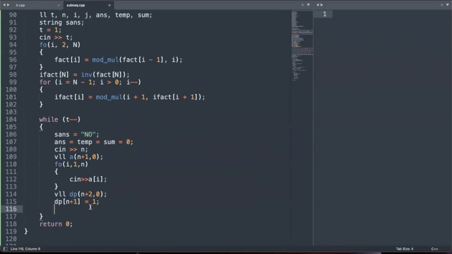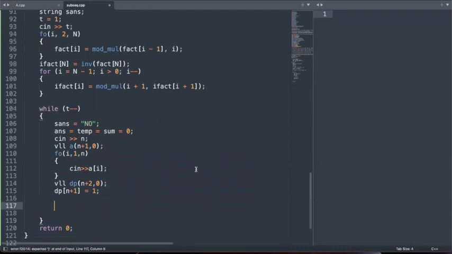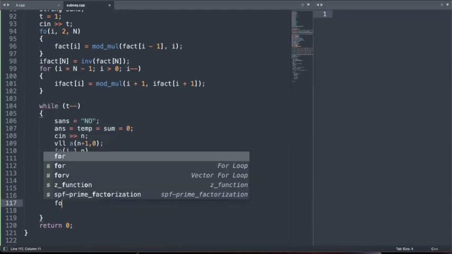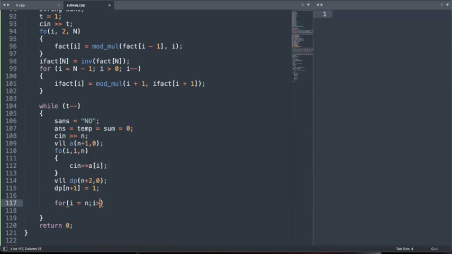Well, it is just there so that we don't have to write this extra if condition where we will take into account the situation that the particular subsequence has exactly one good array, because when we iterate on j, we iterate on the starting point of the second good array. But what if there is only one good array? So dp of n plus 1 is equal to 1 takes care of that case. Okay, so now we'll iterate in reverse direction from n to 1.